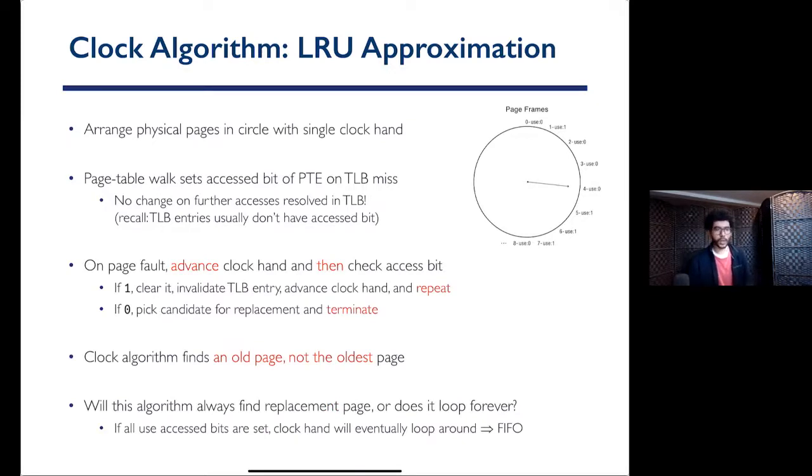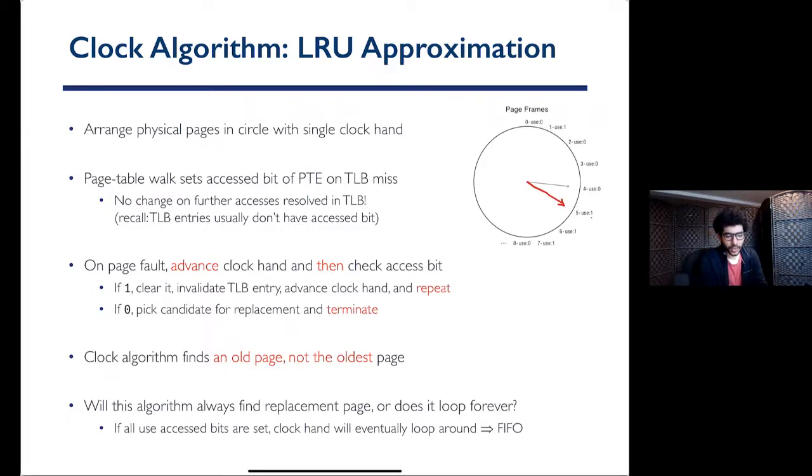Just to review the clock algorithm, we had all our pages around the clock, and then there is a clock hand which is pointing to one of them. Now we're looking at the valid bit of each page. Every time there is a page fault, we move the clock hand.